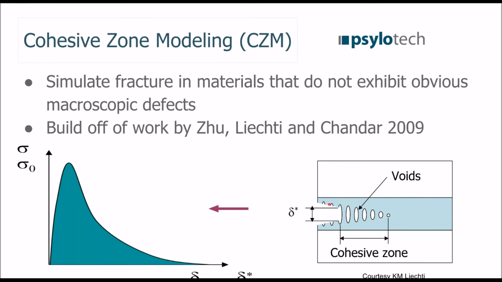These methods are very useful for getting the properties of failure, and specifically this is an adhesive joint between two pieces of metal. We're building off of work here with some colleagues of ours, Professor Ken Lichty at University of Texas, but also his co-authors here.